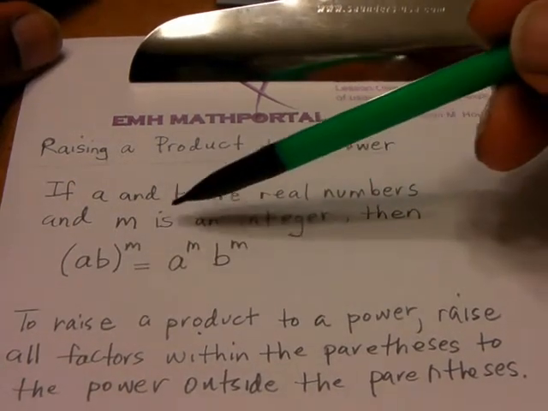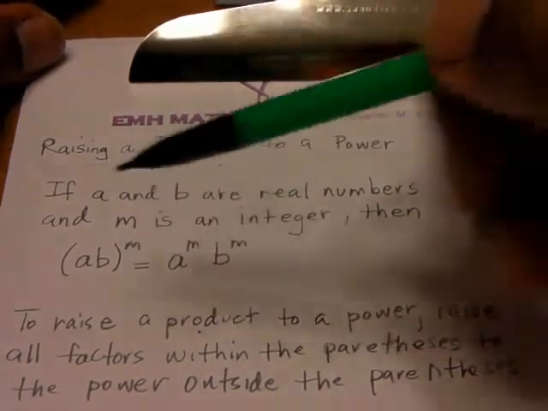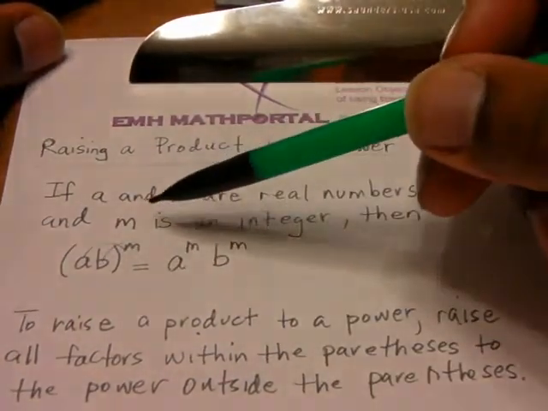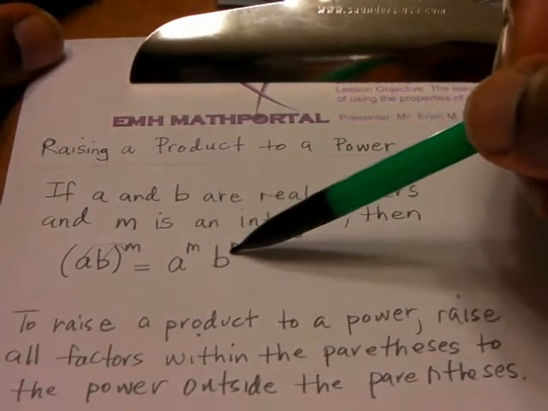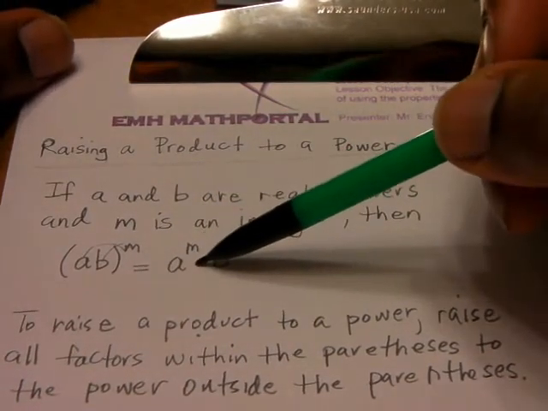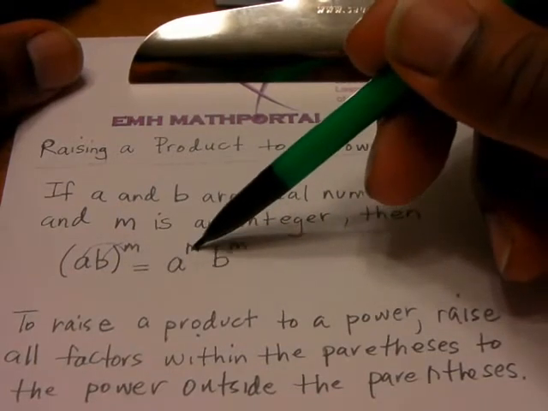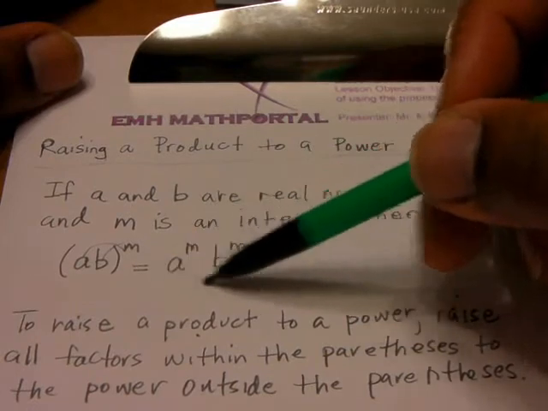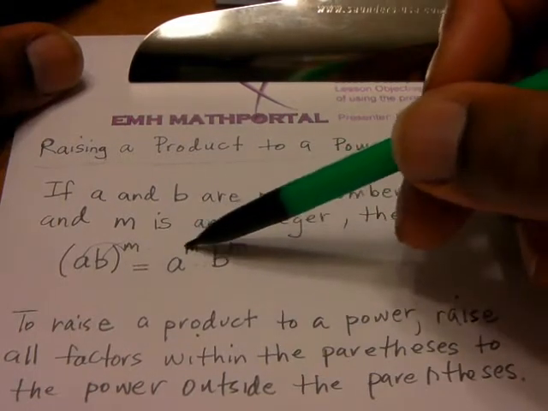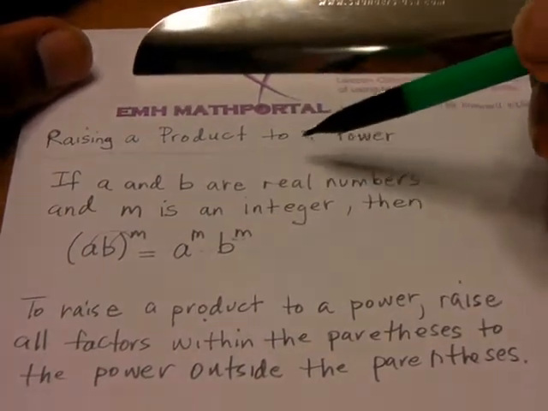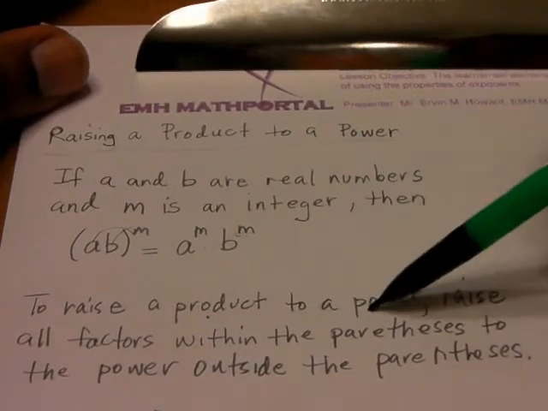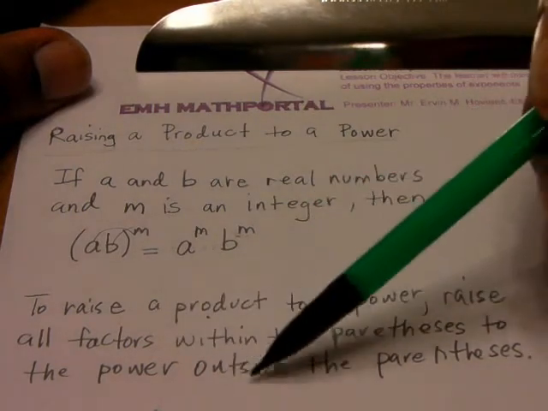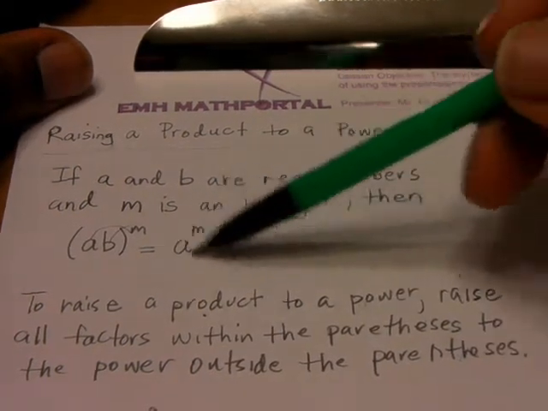Notice in the formula, you're raising the power of m applied to two different bases. All right, and then your output equals a to the power m times b to the power m. So you have the product of two bases raised with the same exponent. So in other words, to raise a product to a power, raise all factors within the parentheses to the power outside the parentheses as illustrated here.